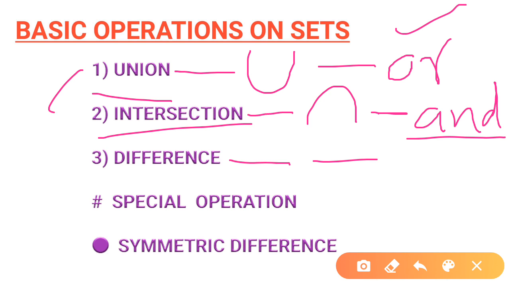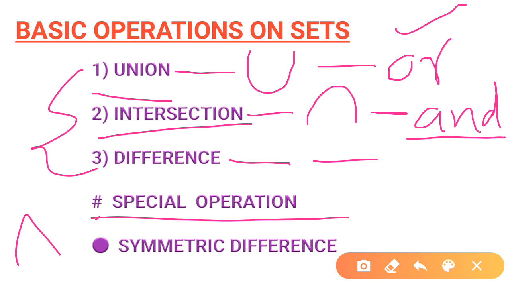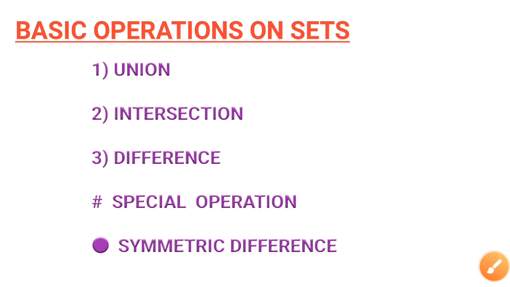These are the three basic operations, and one more special operation is symmetric difference, whose symbol looks like a triangle. We will see that in the next class. Today I'm going to teach these three: union, intersection, and difference.